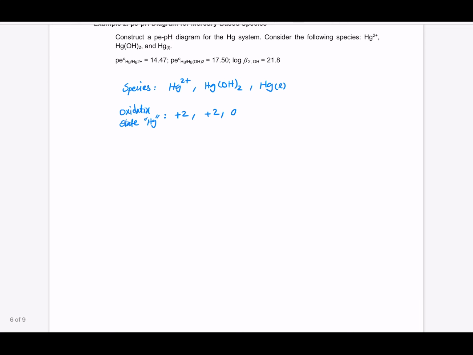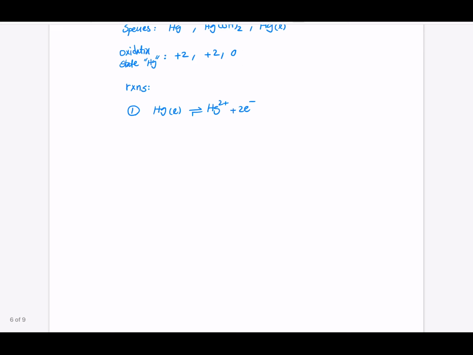So now let's do the reactions and the corresponding lines. The first one, Hg in the form of liquid and Hg2 plus. If we do the math to balance the reaction, it would be 2 electrons on this side. The standard reaction would be half of Hg in the form of liquid, half Hg2 plus, and an electron.